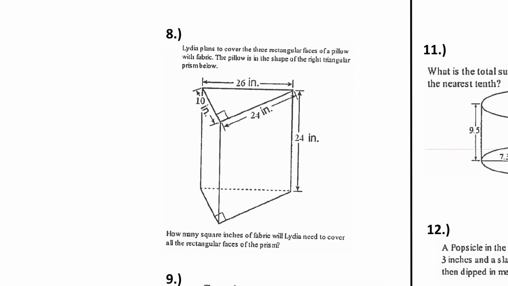Okay, number 8 says, well, you can read all that up there, but down here it says how many square inches of fabric will she need to cover just the rectangular faces? So there's 2 ways to look at this. You could find the area of all 3 rectangular faces and add that up, or that's the same thing as finding the lateral surface area.